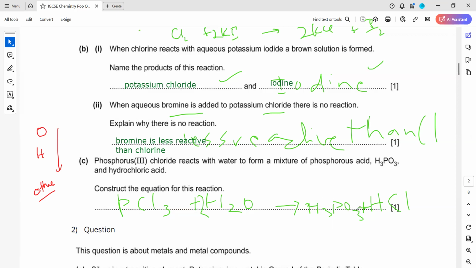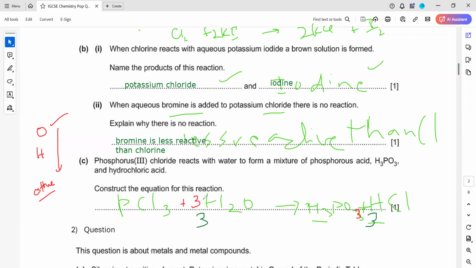So we put 3 here. Don't start with hydrogen, start with oxygen. It will make it much easier to balance the equation. I know you're trying to balance hydrogen first, like 3 plus 1, 4, but start with oxygen. So oxygen is balanced for us.